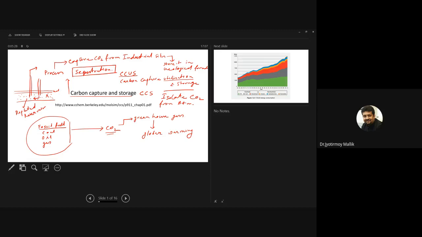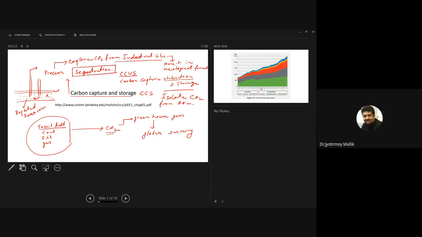This particular reservoir is capable of holding that CO2 in it. Okay, so the technology which is used to actually capture carbon dioxide at an industrial site and then store it in a geological formation, push it back into a geological formation, this process is called carbon capture and storage, CCS, or carbon sequestration.